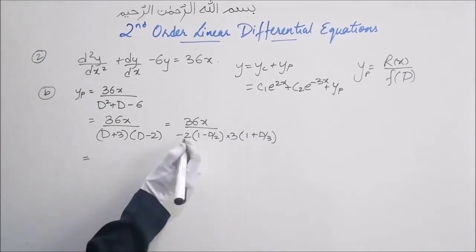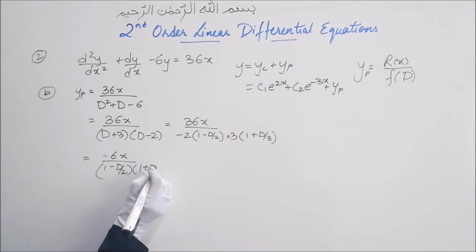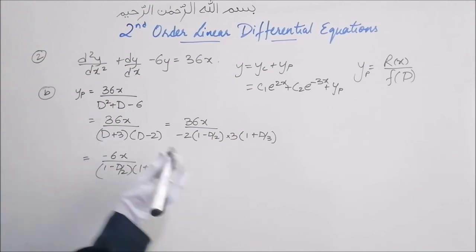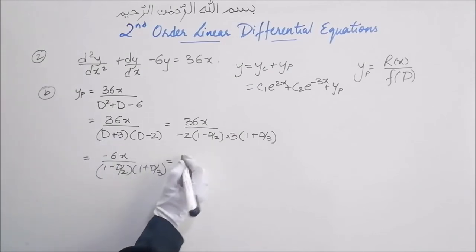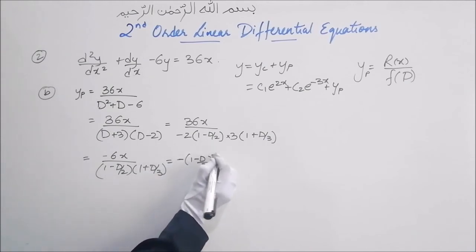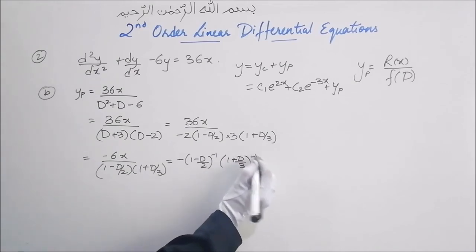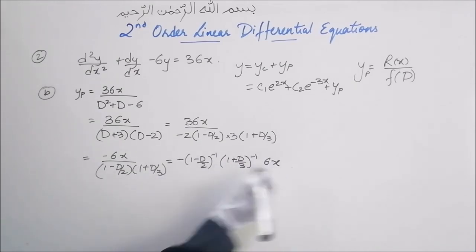Now 3 2s are 6, and therefore it will become minus 6x upon 1 minus d by 2 into 1 plus d by 3. Let's take these to the numerator and do the expansion. So I'll get here minus 1 minus d by 2, the whole raised to minus 1, into 1 plus d by 3, the whole raised to minus 1, into 6x.